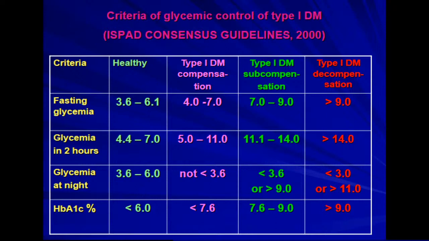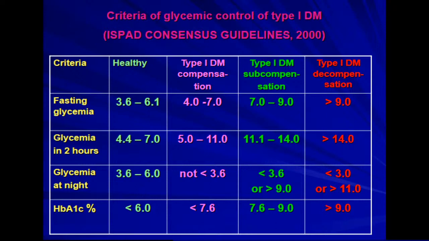7.6 to 9. And the last one, decompensated diabetes mellitus. Fasting level more than 9. Glycemia 2 hours after meal more than 14. Glycemia at night less than 3 or more than 11. And glycosylated hemoglobin more than 9.